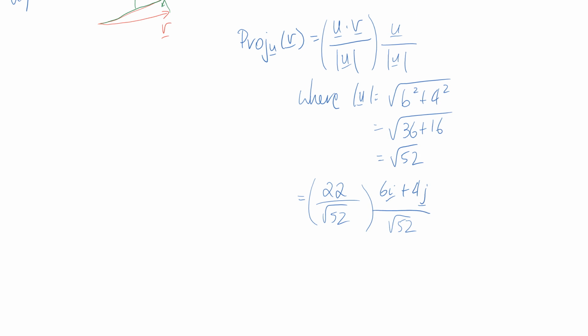So if we multiply this out, of course we need to do our bracket expansion here. So the top line here ends up going to 132i and 88j. And then square root 52 times square root 52, the square roots cancel each other out, and we're just left with the 52.